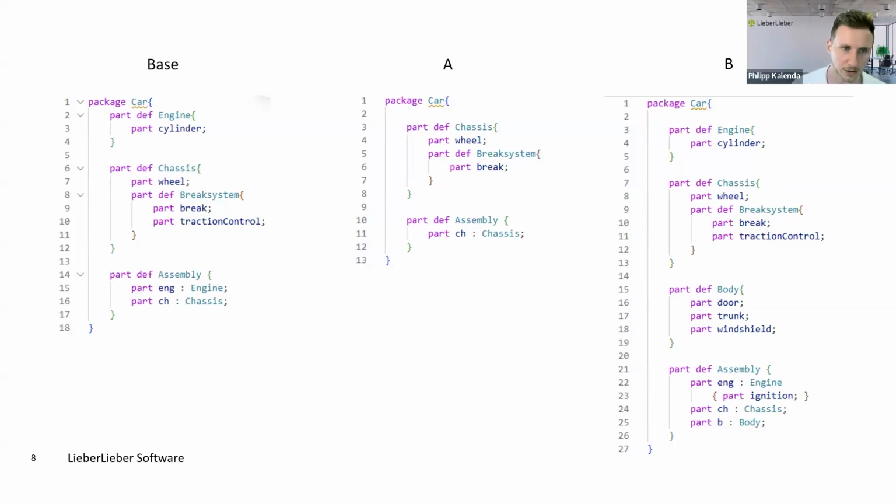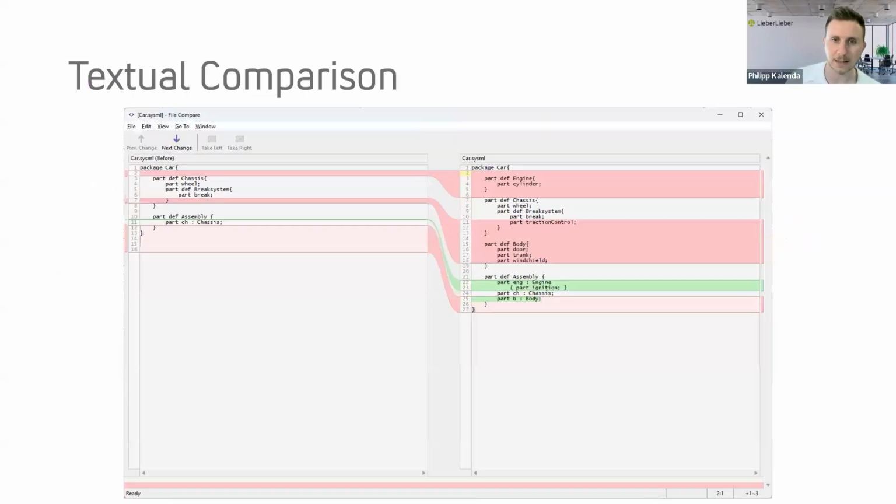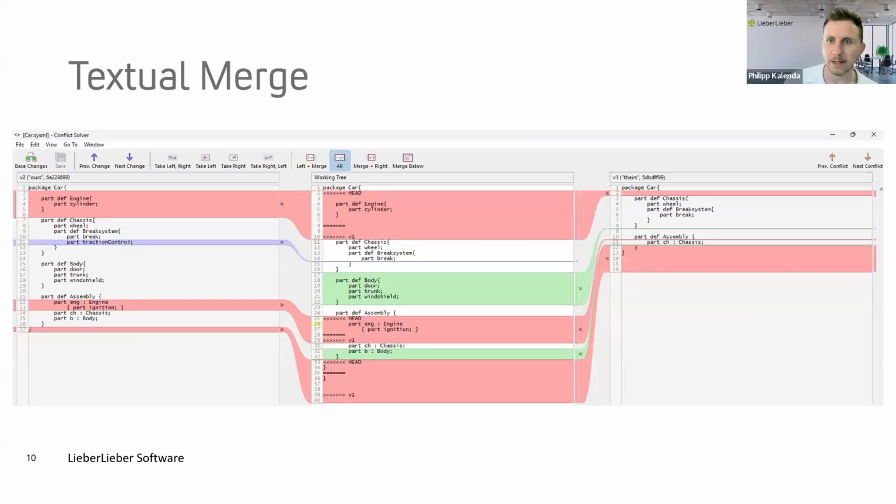If we now merge this, the standard process in Git is that you try to merge the branches, and then you can see something like this: a textual comparison of what happens. Of course, you now have to interpret what is happening here, what the changes are. And if we then merge it, we get a result, and we have to interpret whether this result makes sense, is consistent, and is semantically correct.